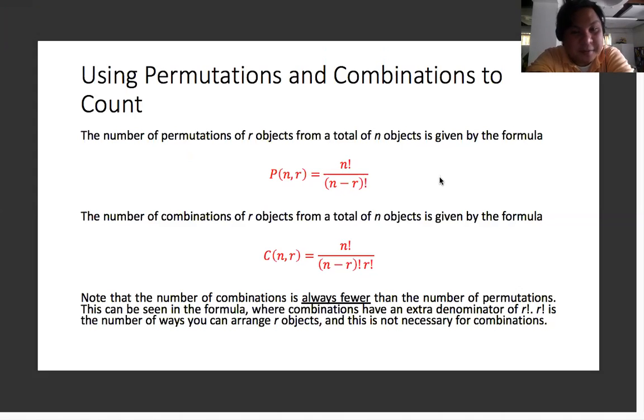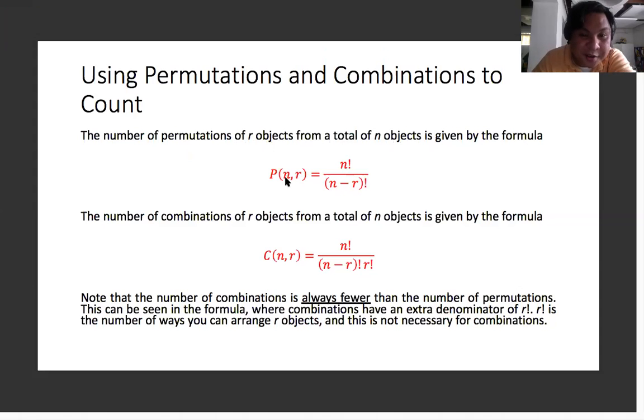The number of permutations of R objects from a total of n objects is given by the formula P(n, R). There are other notations here. I prefer the notation n, then capital P, then R, but this one I think is the most common notation, and this is what I'm going to use.